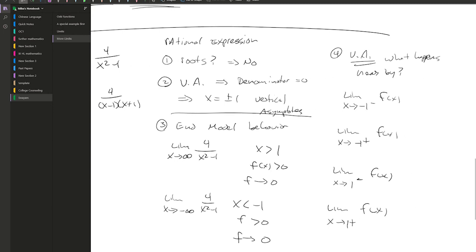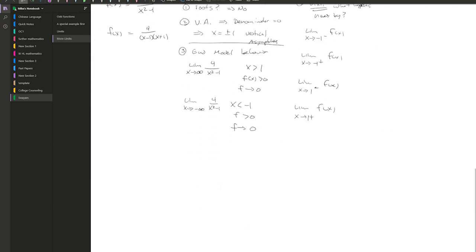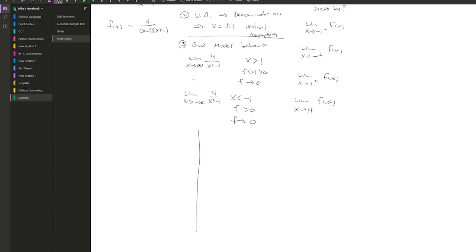And so what we're doing here in this picture, when we think about drawing this thing, I have the xy axis, so here's x, here's y, and I know that there are vertical asymptotes over here at 1 and at minus 1. I already know that this thing from 3 goes to 0 from above, so we're coming down this way, and we're coming down that way.